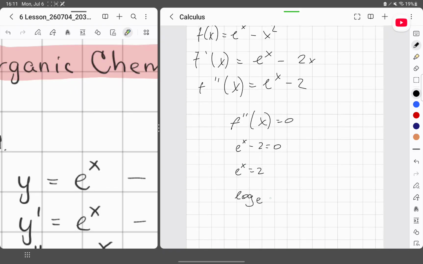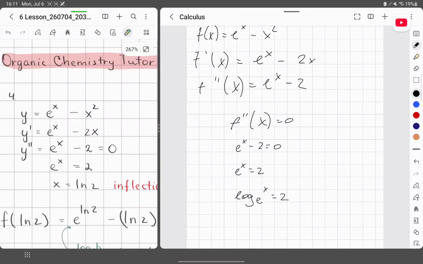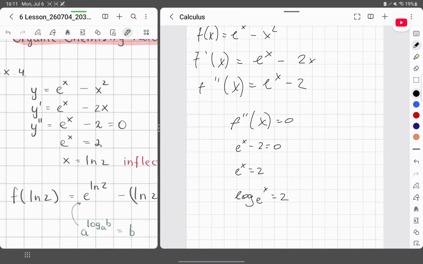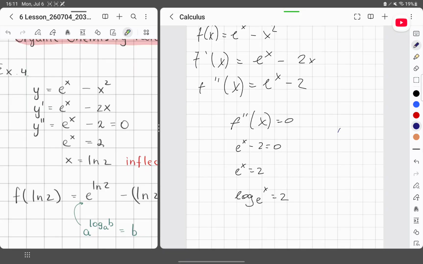Logarithm? What is this? I don't know. Inflection point. I don't remember logarithms, so I need to learn them.